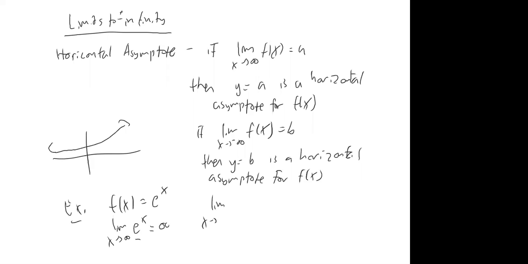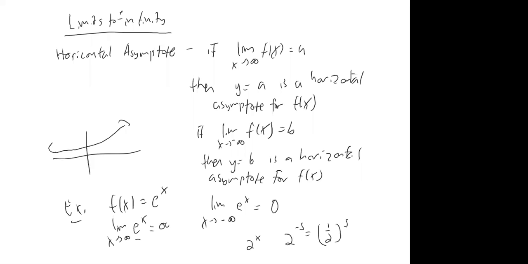Now, what about x goes to negative infinity? What is this? From the graph I drew, it's clear it's 0. But if you don't like it, e is just a number bigger than 1, so think of something like 2 to the x. 2 to the negative 5 is 1/2 to the 5th.